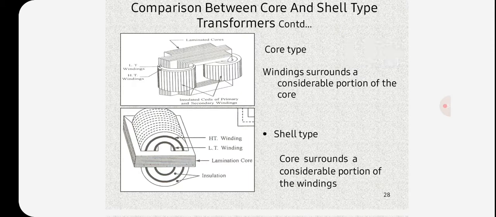Next, in core type, the windings surround a considerable portion of the core. In shell type, the core surrounds a considerable portion of the winding. This is the difference.